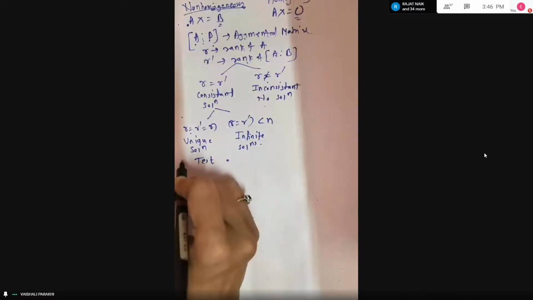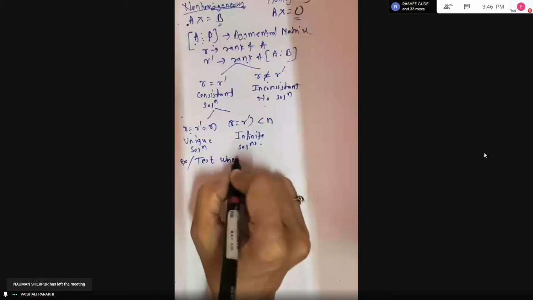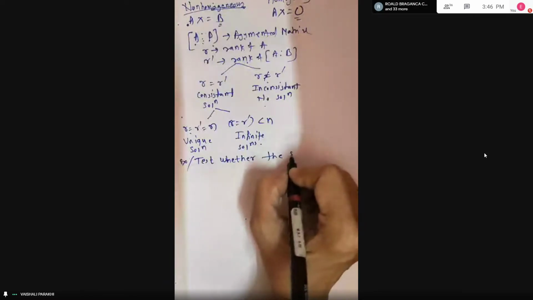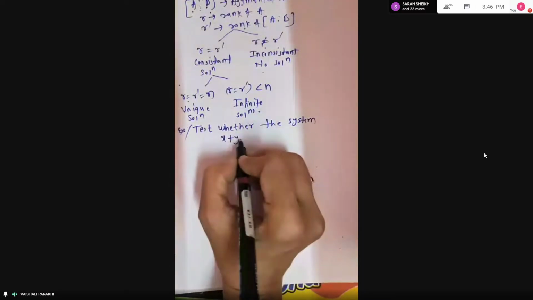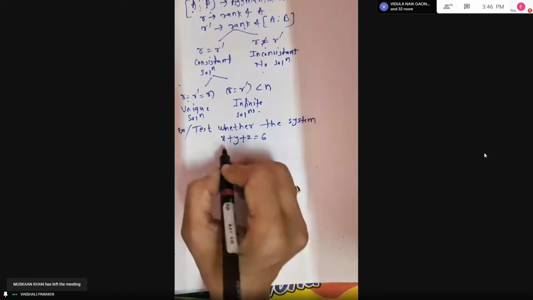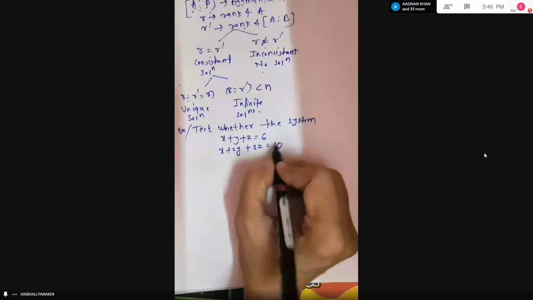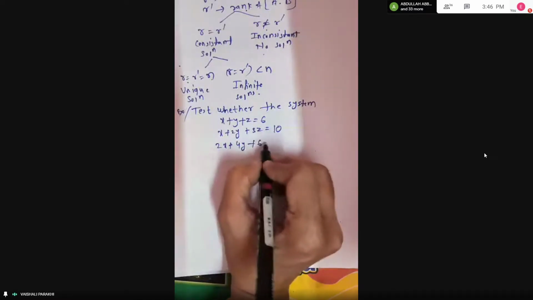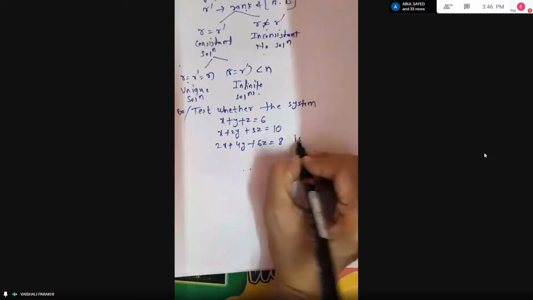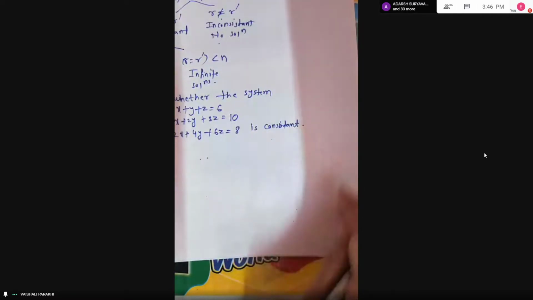Test whether the system x plus y plus z equal to 6, x plus 2y plus 3z equal to 10, and 2x plus 4y plus 6z equal to 8 is consistent.